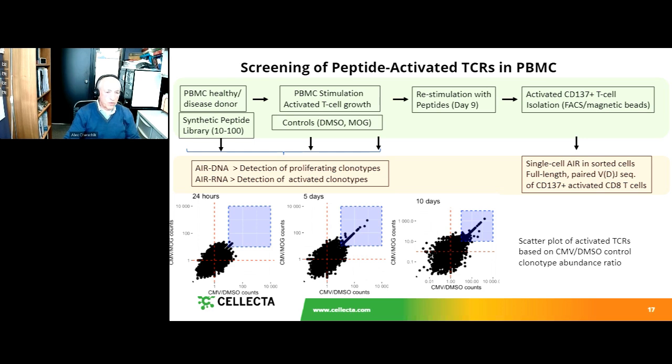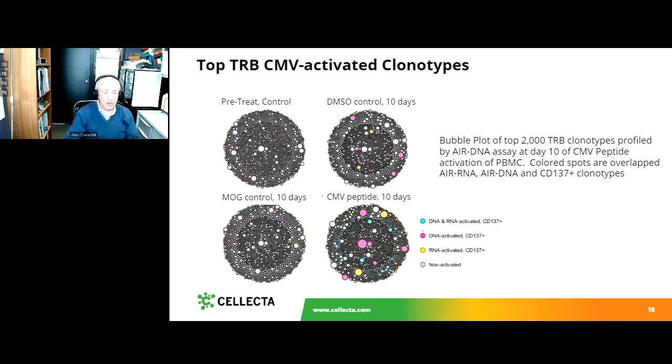So we use a combination of rDNA and RNA assays to detect activated and proliferating clonotypes, and a single cell assay to identify these activated clonotypes after second stimulation. This is a classical bubble plot, where the size of each spot corresponds to the size of the clonotype, the number of T cells for each specific CDR3 sequence.